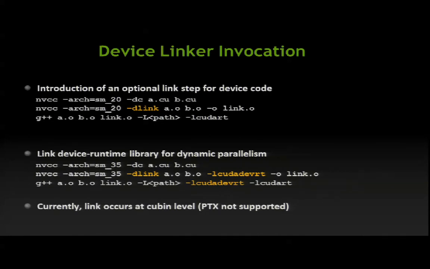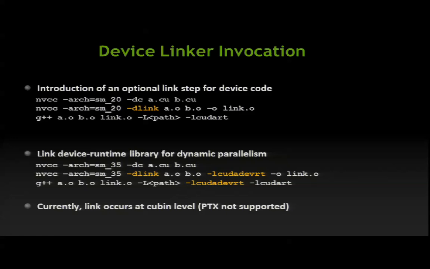Well, we now have the -dc, the device compile only flag, to tell the compiler it should stop after compiling the device code. And so it will produce an a.o, an object file for both host and device code of A, and an object file for host and device code of B.